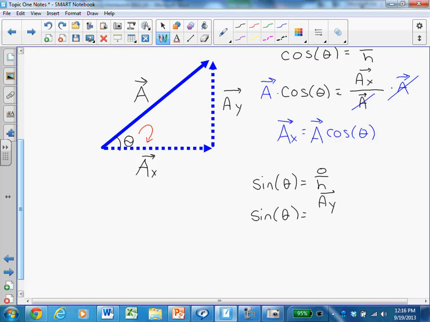A. So now, to solve for AY, I would multiply by A, and those would cancel. And now I get AY equals A sine theta.